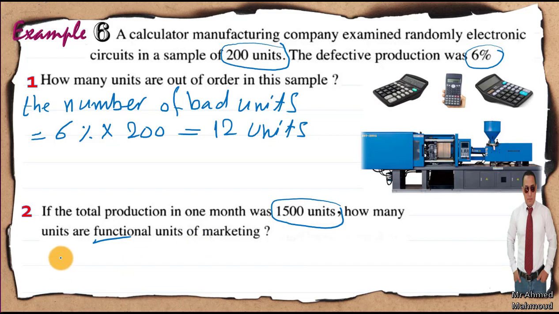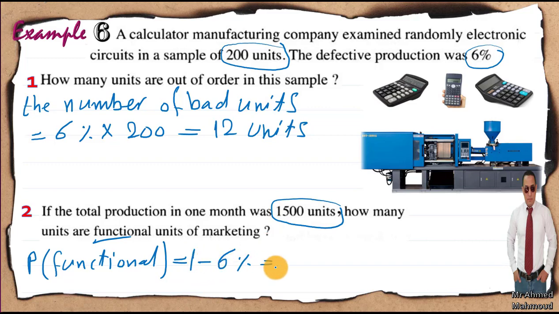Okay, first I'm going to evaluate the probability of functional. The probability of bad is 6%. So the probability of functional is 1 minus 6%. 1 equal 100%. So 100% minus 6% equals 94%, or 0.94.